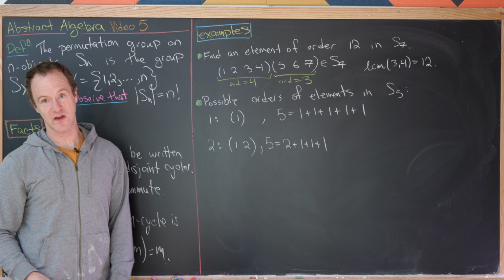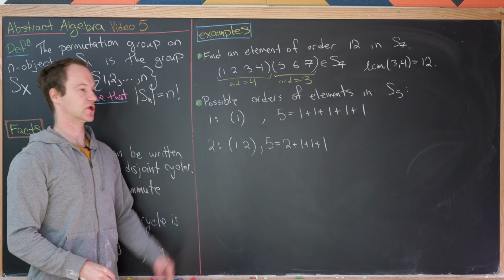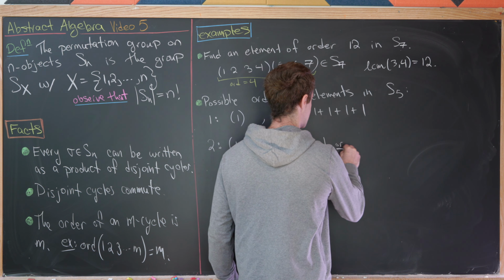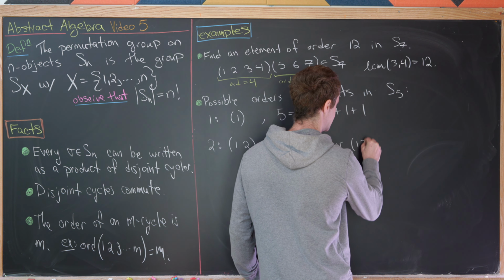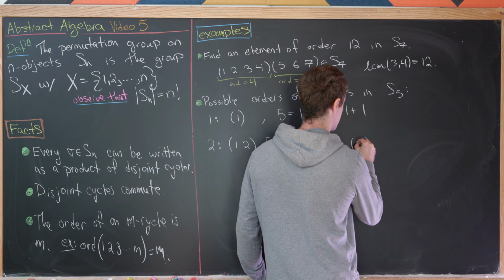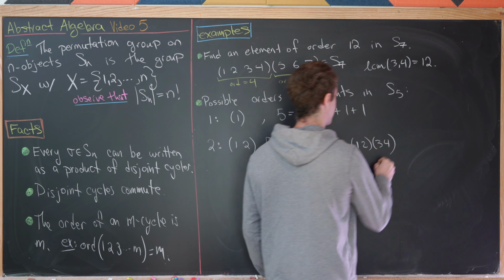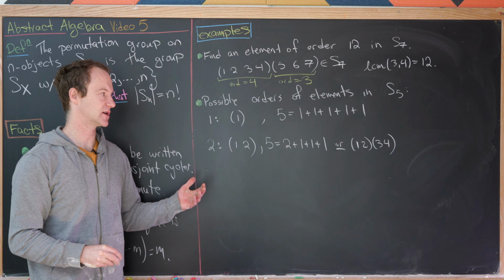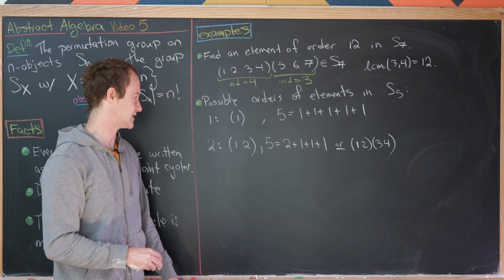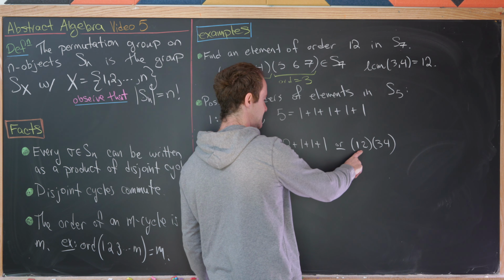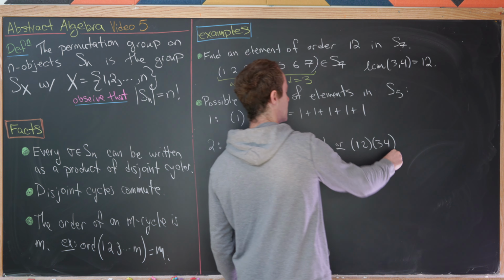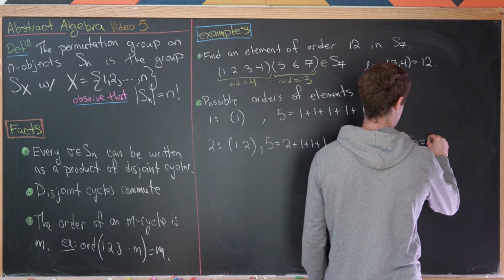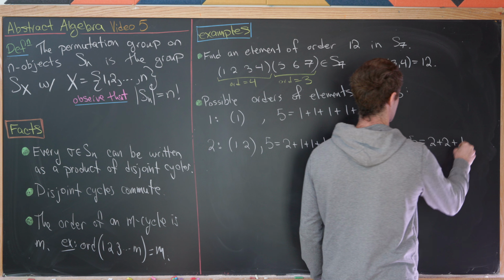But there's another family of elements of order 2 as well, and those are disjoint 2-cycles. We could have the 2-cycle (1 2) with (3 4). Since those are disjoint, the order of the product is the LCM of 2 and 2, which is equal to 2. That's associated to a 2-cycle, a 2-cycle, and a 1-cycle where 5 is sent to 5, and thus the partition 2 plus 2 plus 1.